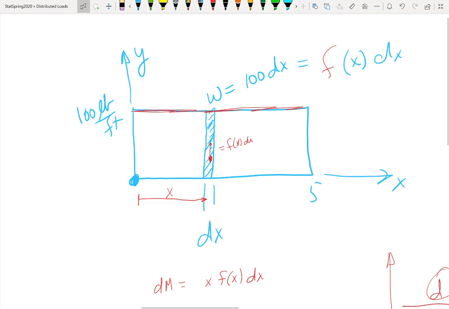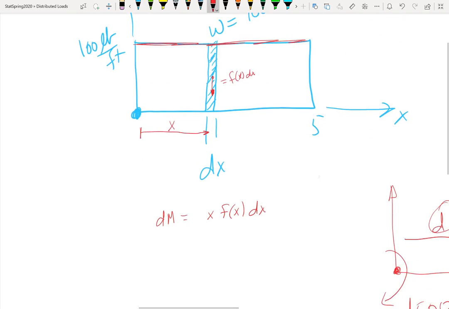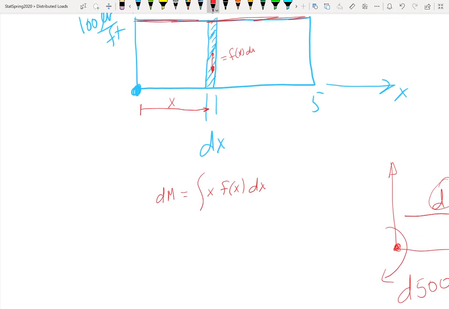So this little sliver creates a moment. What we do is integrate, or add up, all the moments, and we get the moment from this entire distributed load across the whole thing.